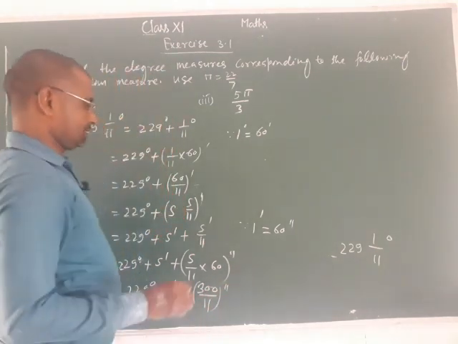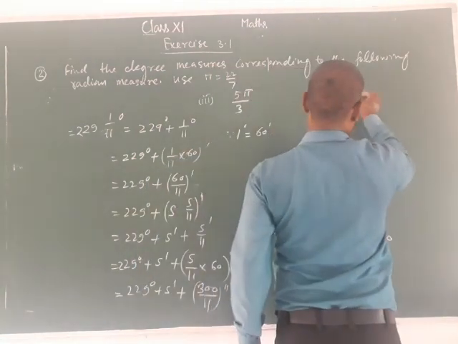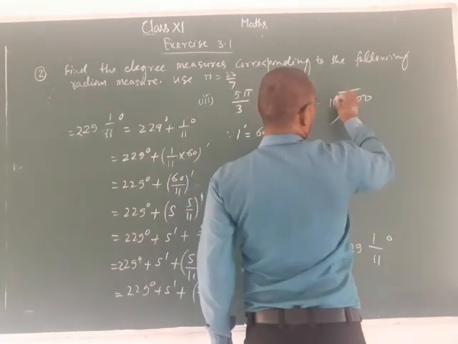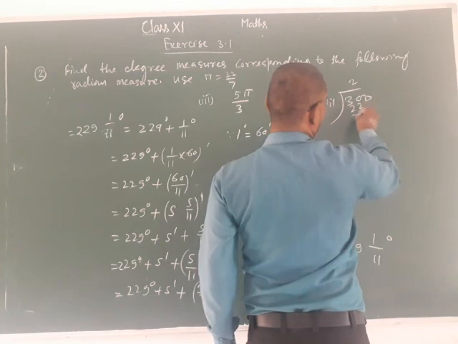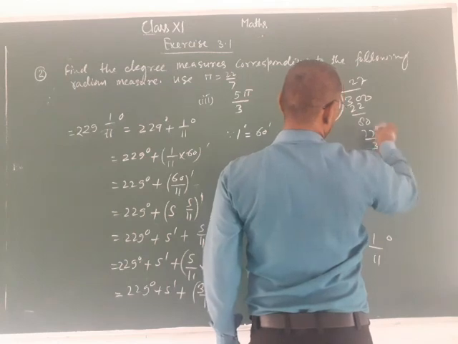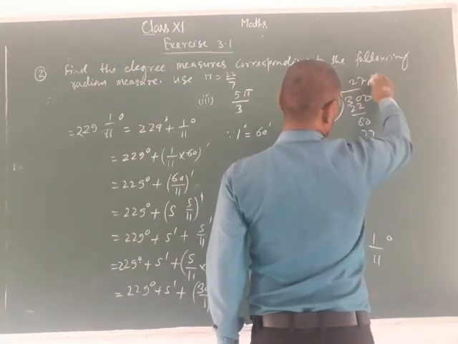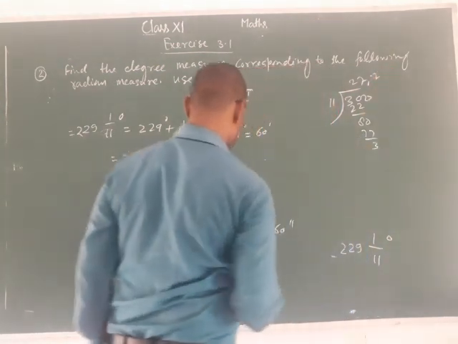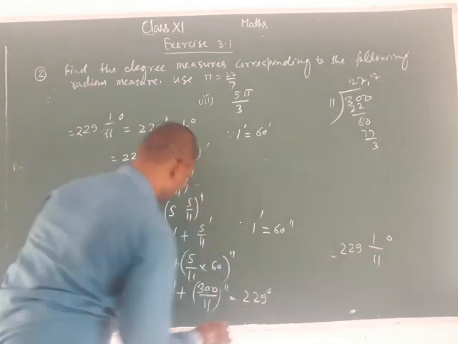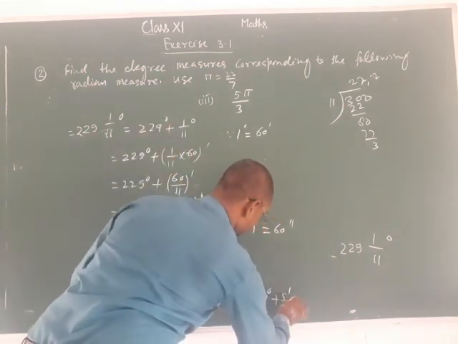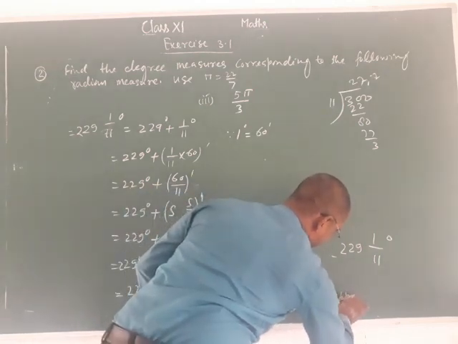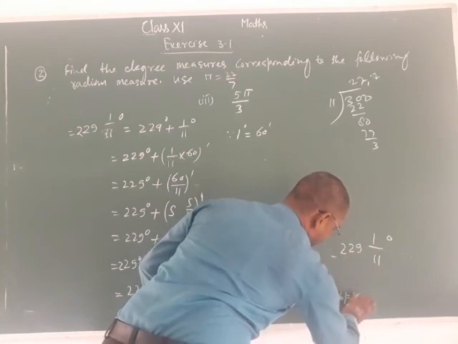Now again change 300 divided by 11. So this is near about 27.2, approximately 27.